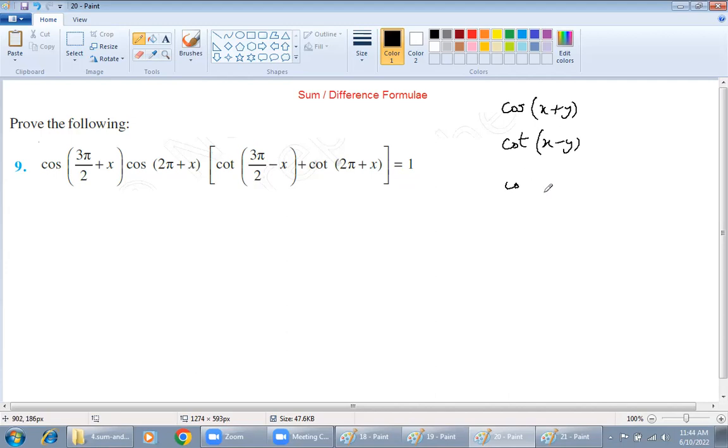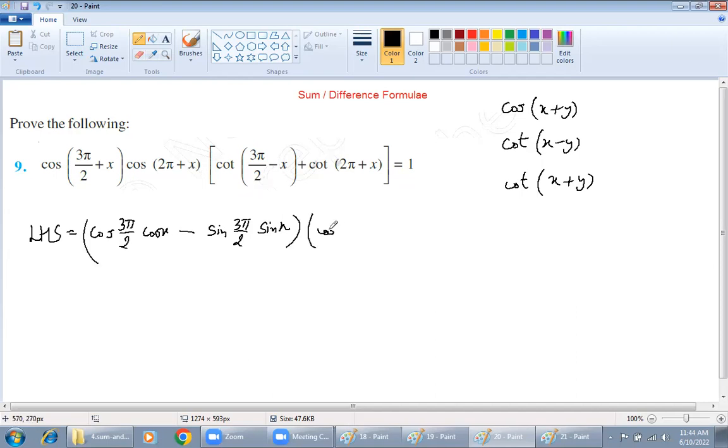And we need cot of x plus y form. So left hand side is cos x plus y form. So cos 3 pi by 2 into cos x minus sine 3 pi by 2 sine x. This whole multiplied by cos of 2 pi plus x.